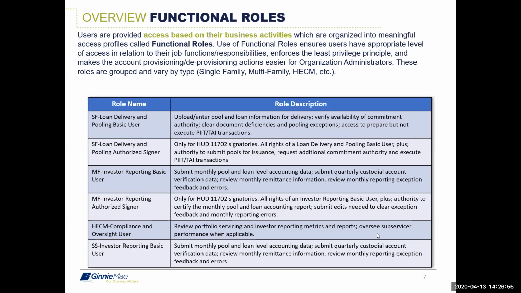That's the one thing that we're seeing folks kind of trip over. They keep assigning both the basic user and authorized signer functional roles to one user. That's not necessary. We do actually review and note the functional roles that are being assigned as we have the final sign-off authority. And so we do pay attention to these things.